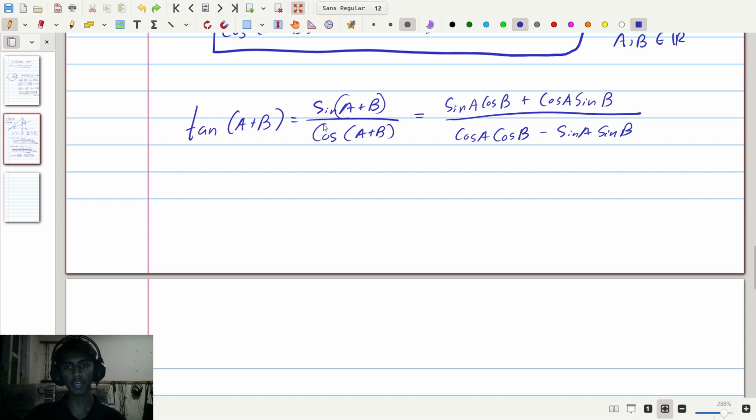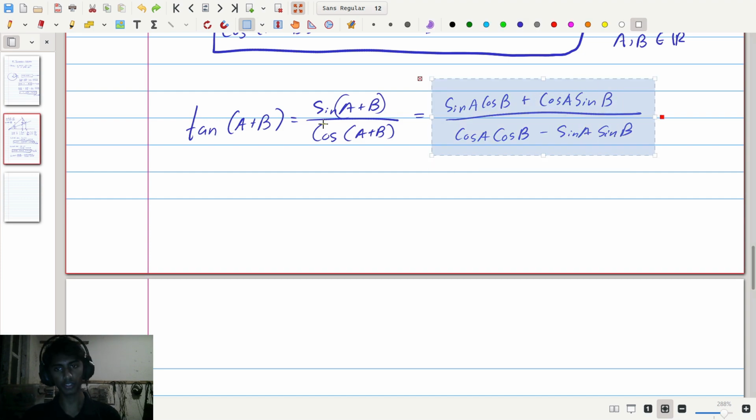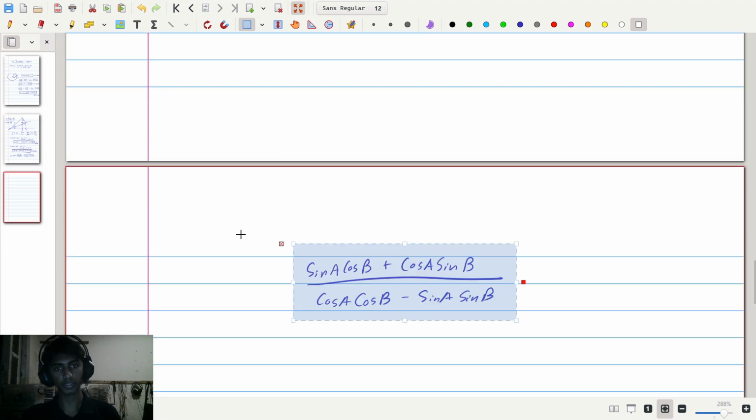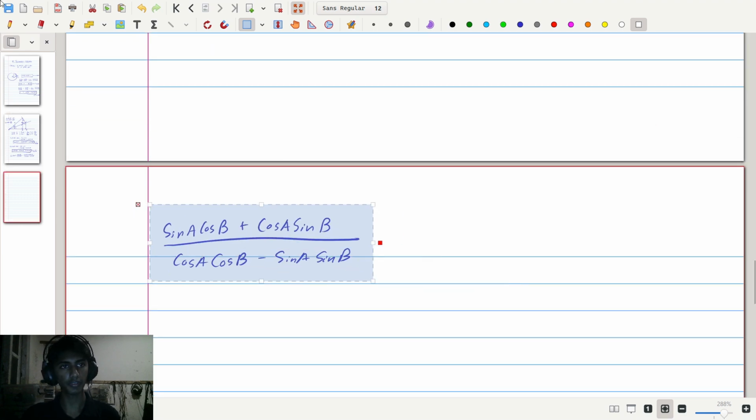Taking this to the next page, we'll quickly copy this and take it to the next page so we can solve it. Control C, Control V, and we'll drag it over here.